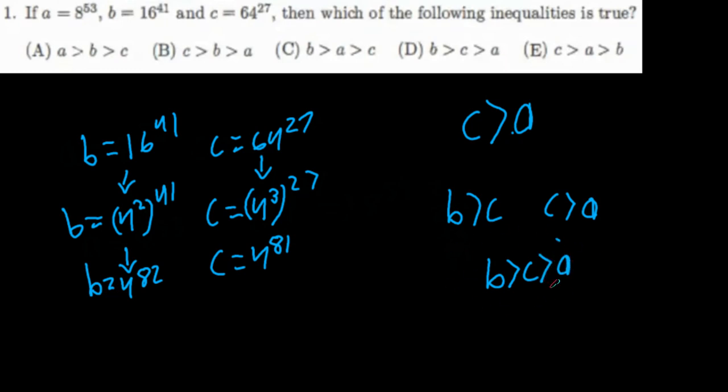That's our inequality. Now let's look at the choices, A, B, C, or D. We see that the correct answer is D, because we have b greater than c and c greater than a, which is what we have. And that's the correct answer.